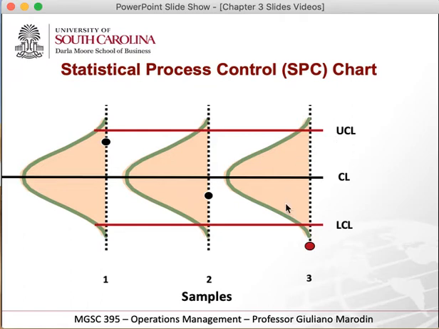So if it is here, it is very unlikely that it comes from this distribution; it is probably because a special cause variation occurred. So what do I do when I find out that a special cause variation is occurring? Stop the process and go figure out what's going on and why there's a problem, because it means that my process is not under control. When outside the limits, the process is not under control. I need to stop and figure out what's happening, because I'm going to cause a lot of quality problems.